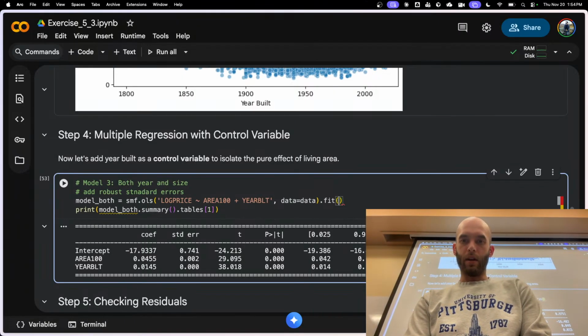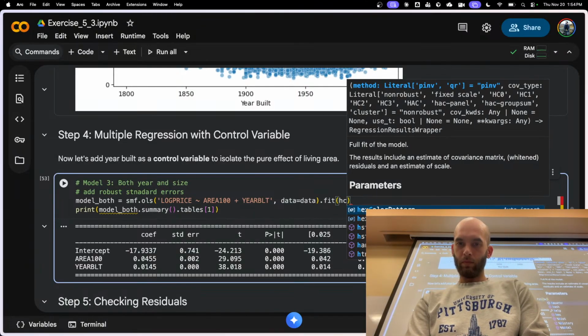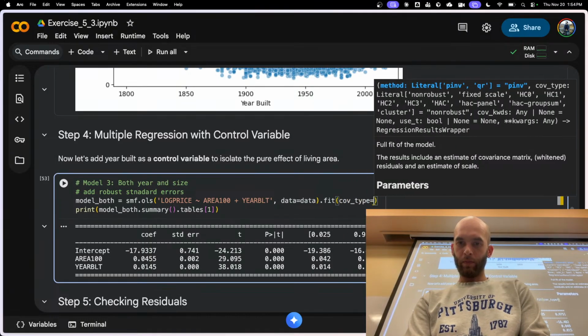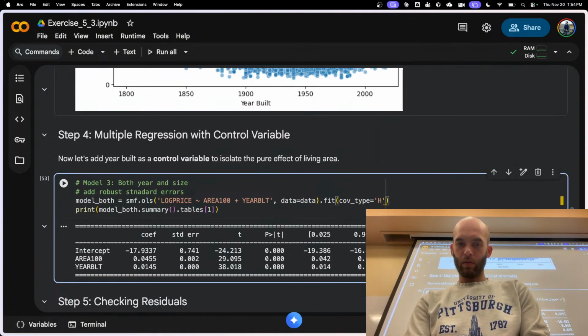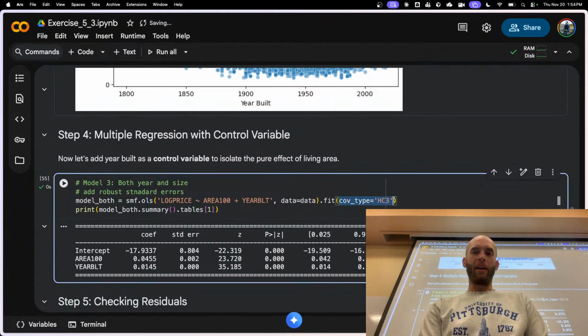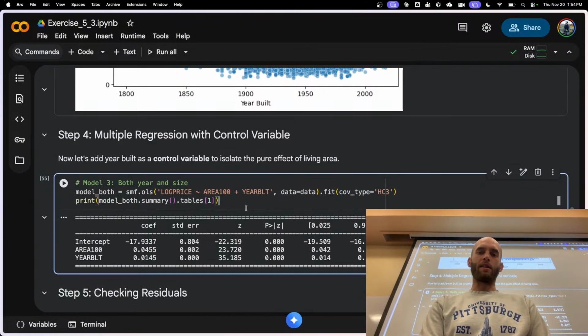And what this does, adding this covariance type, controls for robust standard errors. It turns out to not matter here.